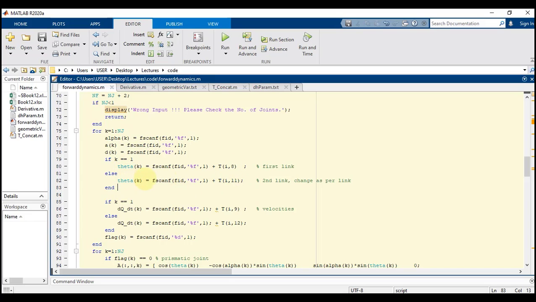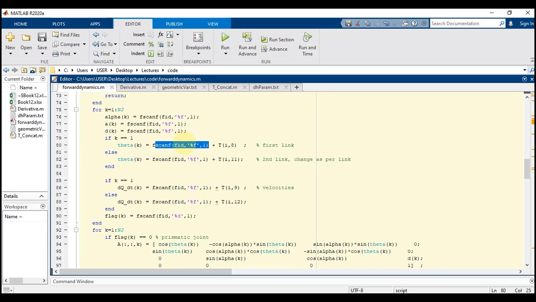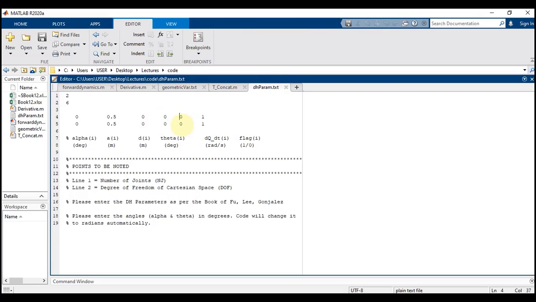If it is link 2, then we are referring to the 11th column. These two values are actually 0 because we have not mentioned any value here. We are taking these values from the Excel sheet.